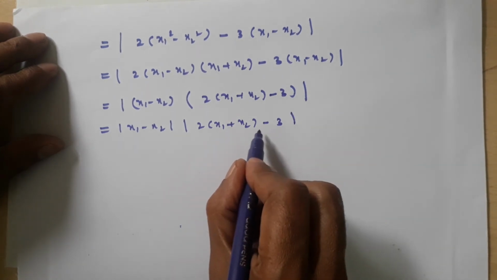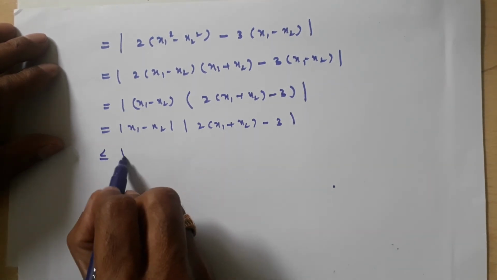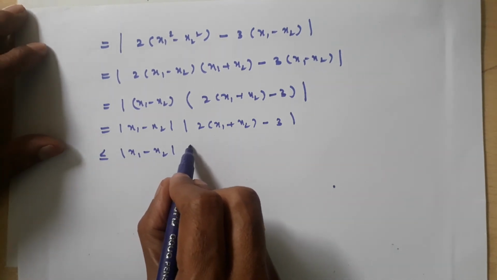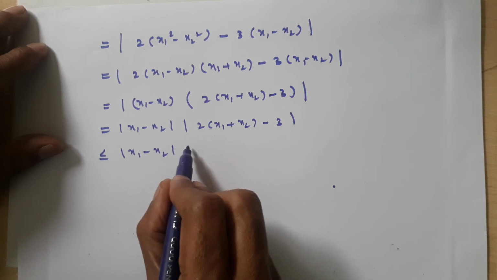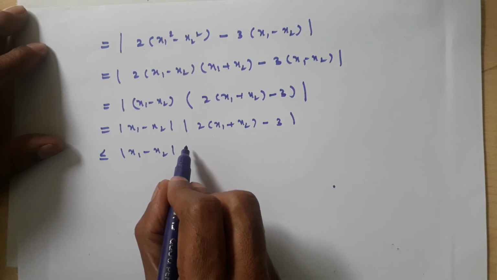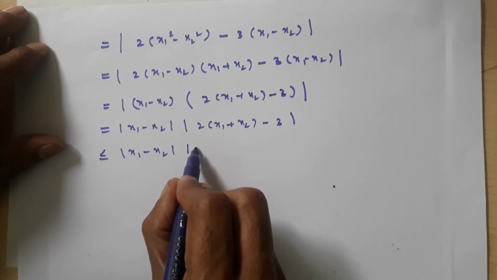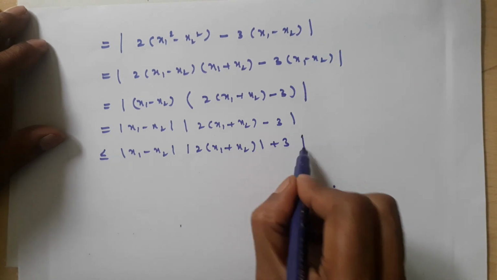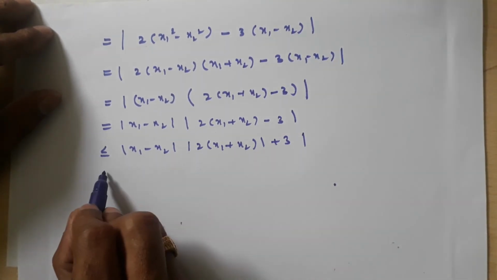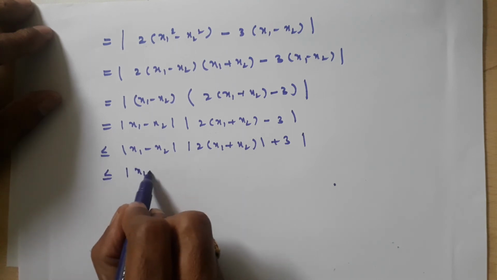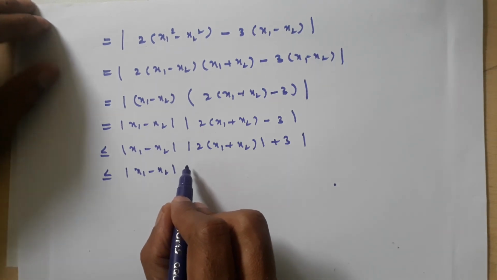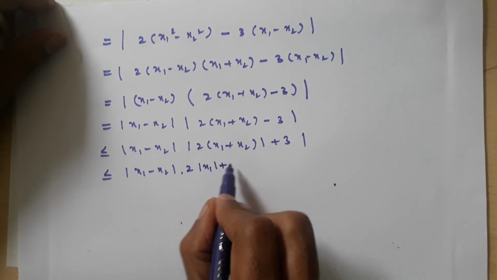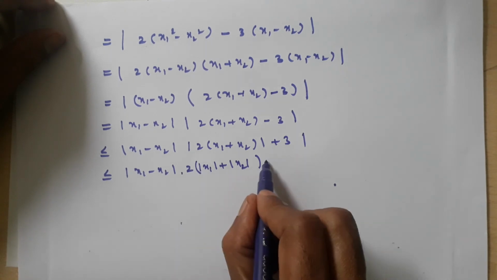This is A and this is B. Suppose mod A minus B is less than or equal to mod x1 minus x2, and this is, first of all, mod of 2 into x1 plus x2 plus 3, which is less than or equal to, again, mod x1 minus x2 into 2 into mod x1 plus mod x2, and this is plus 3.